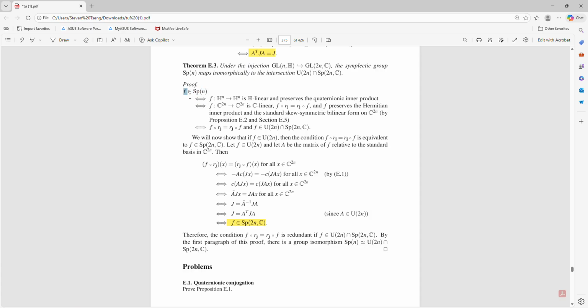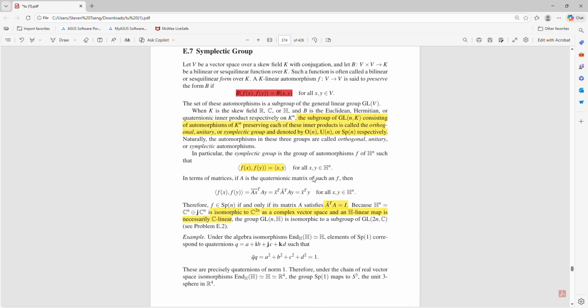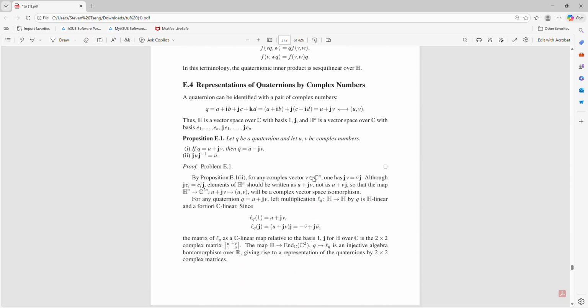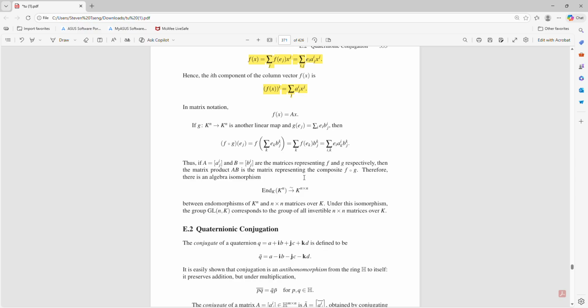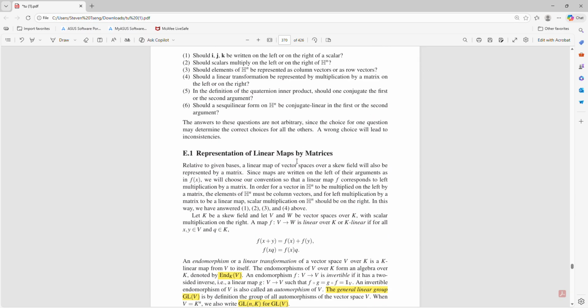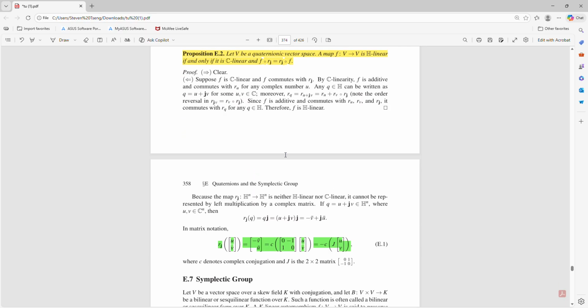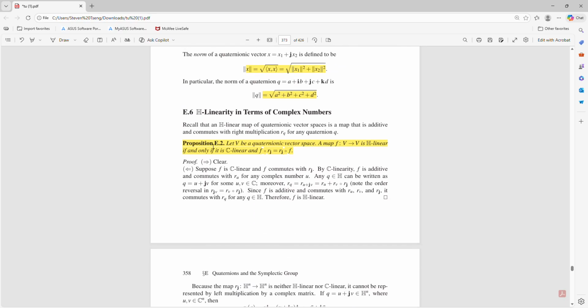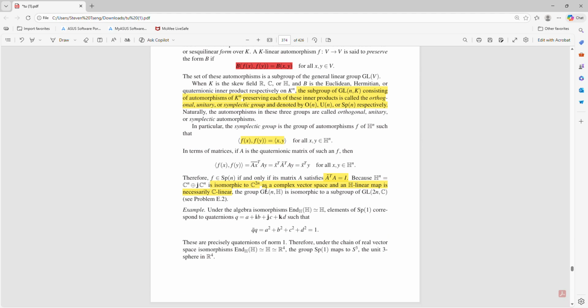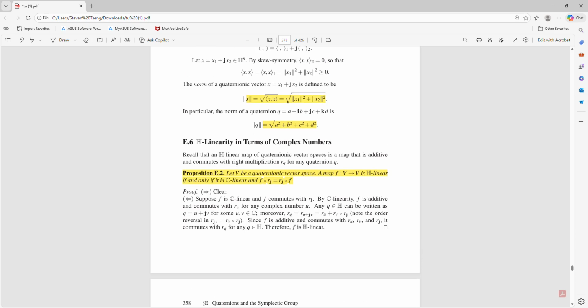If F belongs to the symplectic group of dimension n, then by the property E2 in section E6, this property.